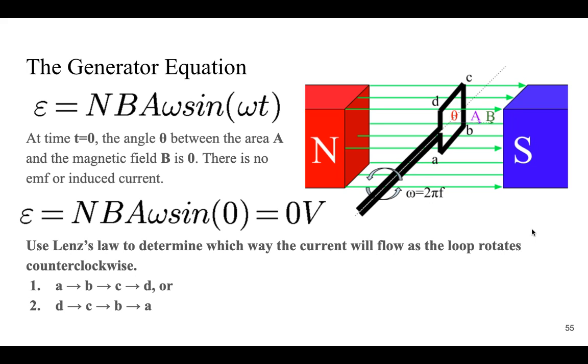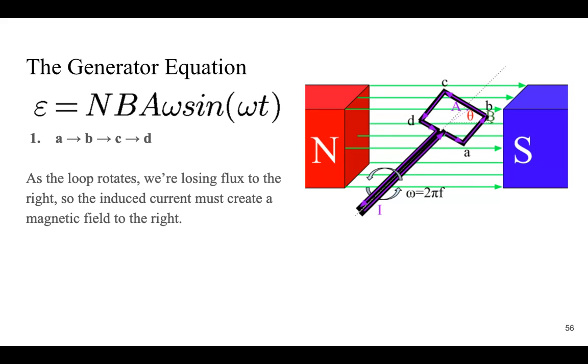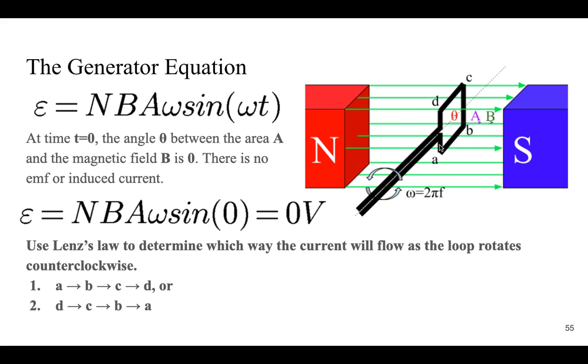So 3, 2, 1. The answer is, it's going to go from A to B to C to D. So if we go back to this picture, currently we have flux going to the right through this loop, and we're actually at the maximum amount of flux we're going to get.